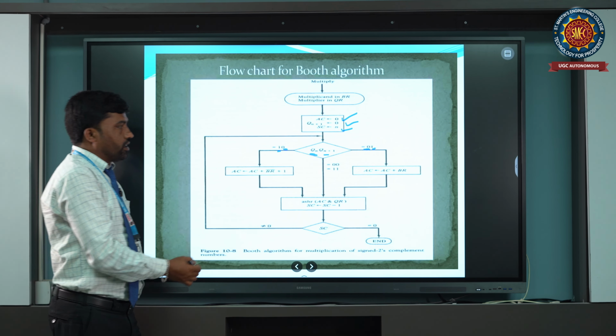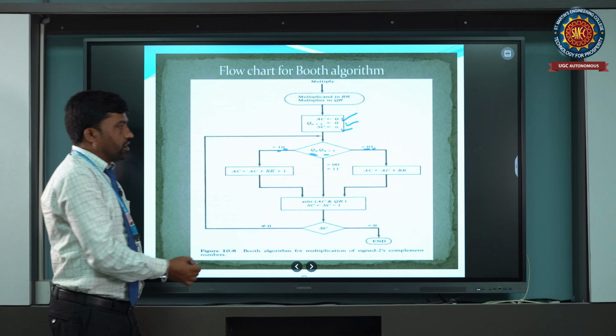So we can move this 1 to here, and this 0 and this 0, and this 1 can move to here, and this 0 will be discarded at the end.